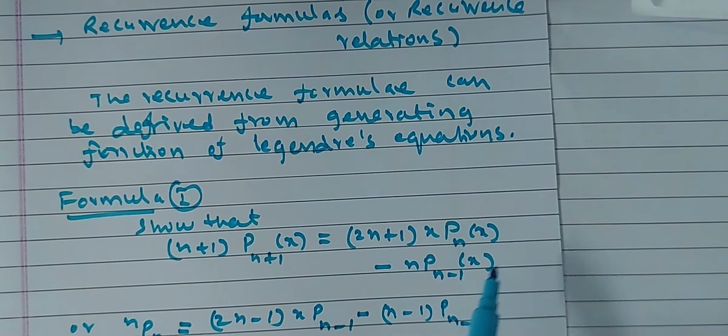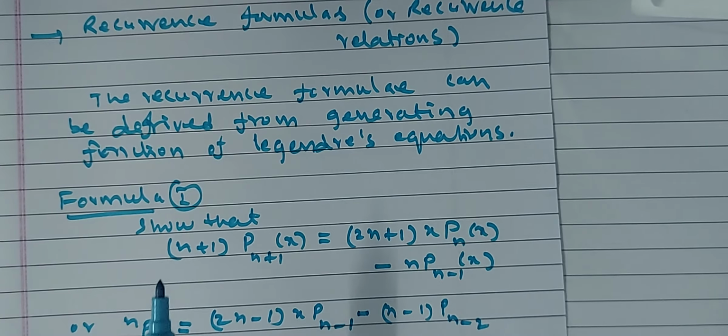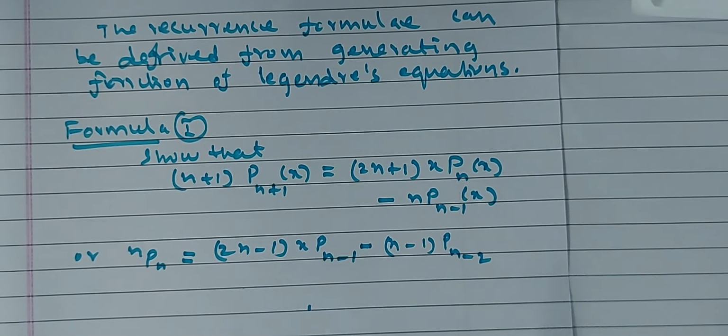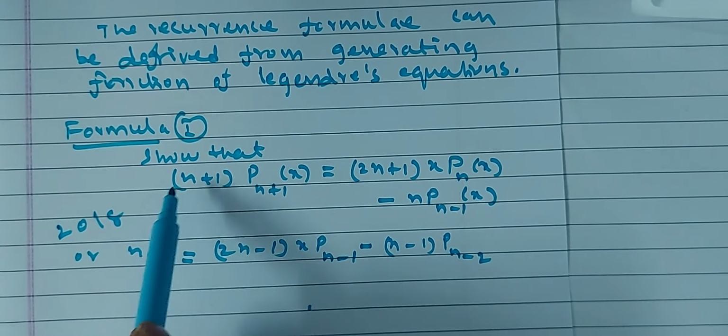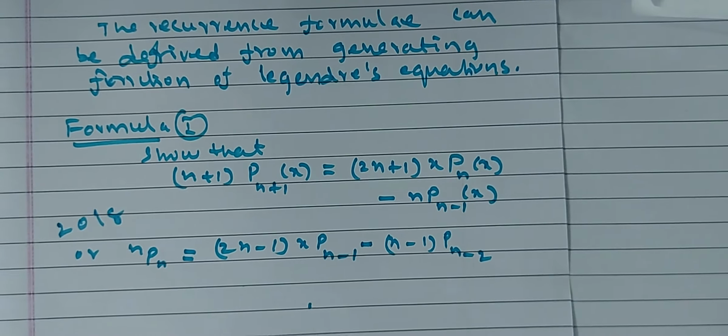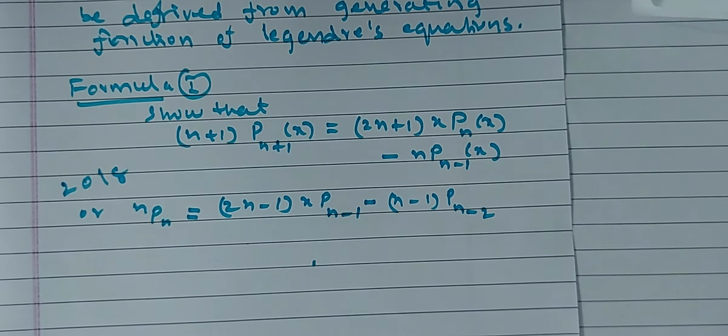x is the variable in the function Pn of x or P n plus 1 of x. It was given in the 2018 examination, either this or maybe this form. So let us see the proof or solution for the formula.